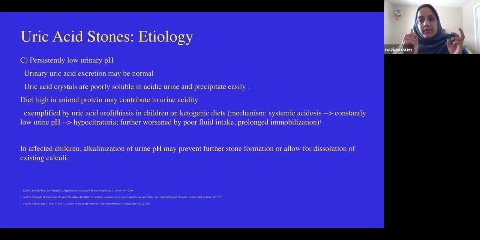So a perfect, we say lithogenic diet would be low water intake, high salt intake, high protein intake, and then low calcium intake. So this would be a perfect diet for someone to develop kidney stones. A non-lithogenic diet is exactly the opposite of that.